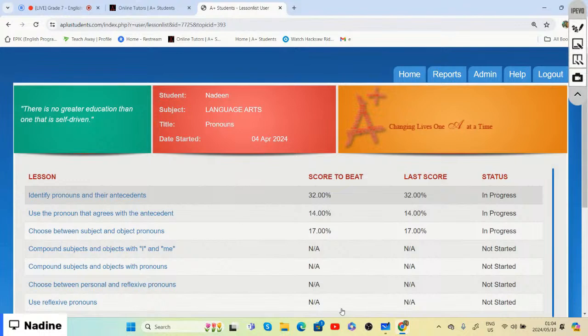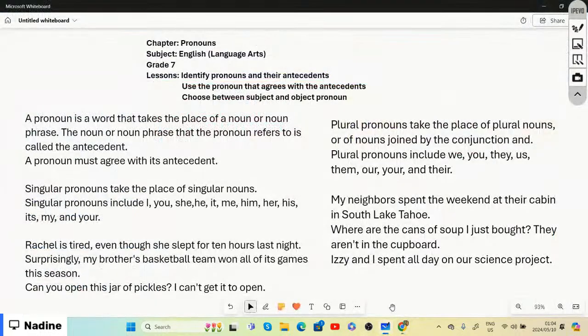So our chapter is pronouns. Our subject is English Language Arts, Grade 7. There are quite a few lessons under pronouns, and that's going to take about 3 of our sessions.